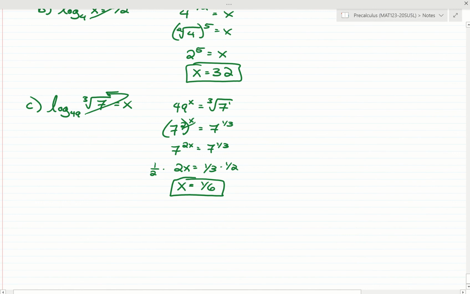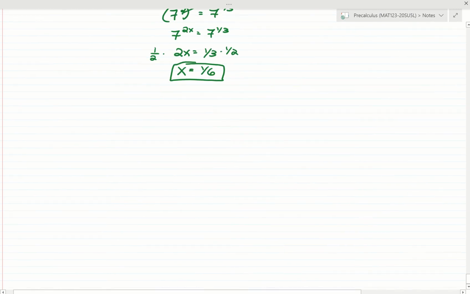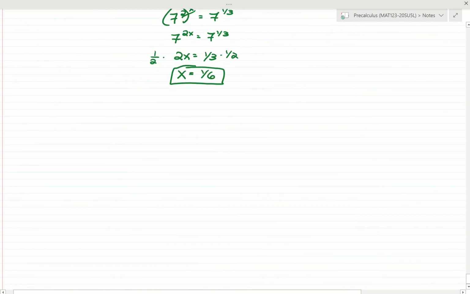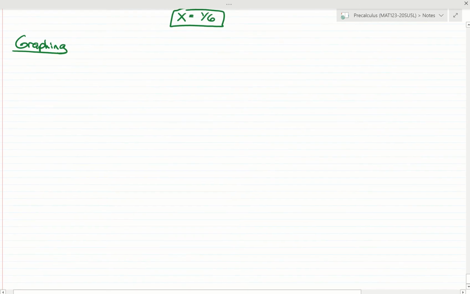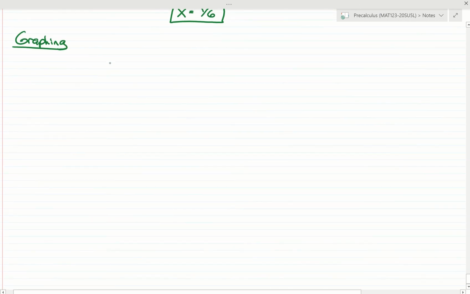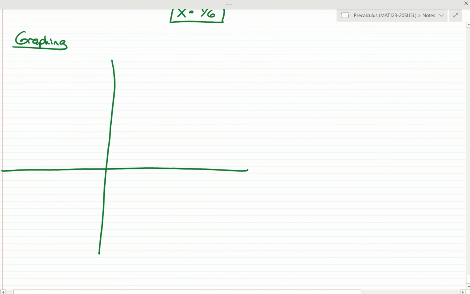Next, let's talk about how to graph a logarithmic equation. So when we're talking about graphing, let's recall what we talked about with the exponential graph. Remember, an exponential function looked like this.